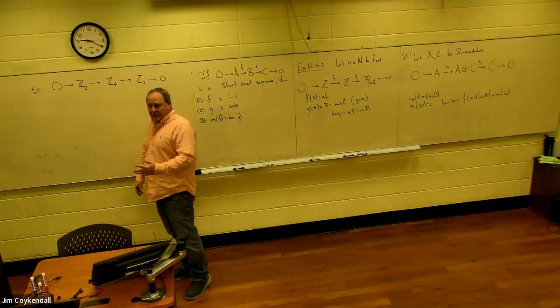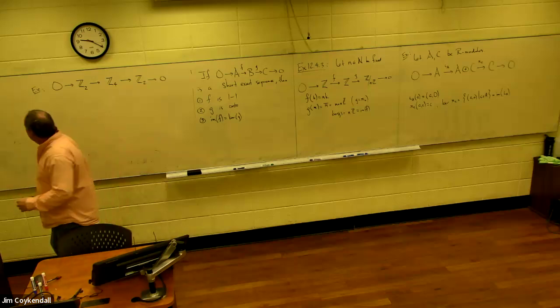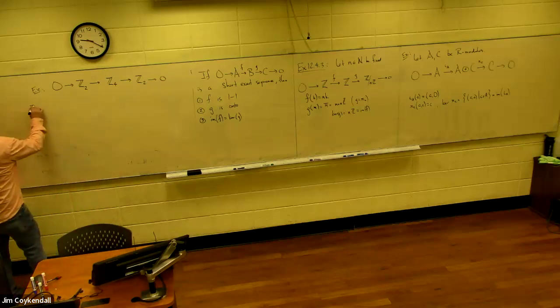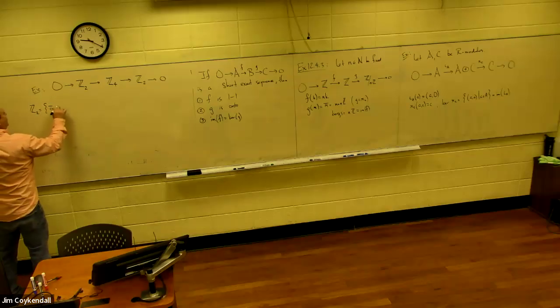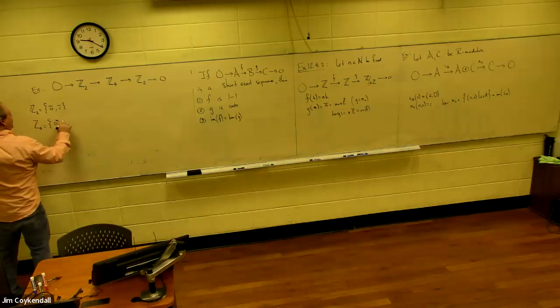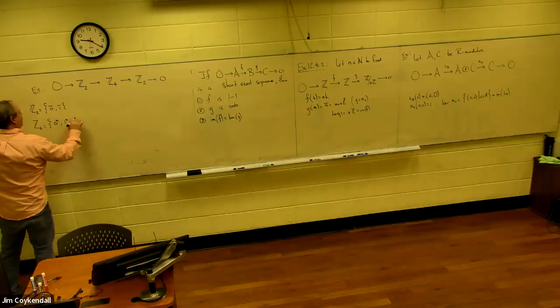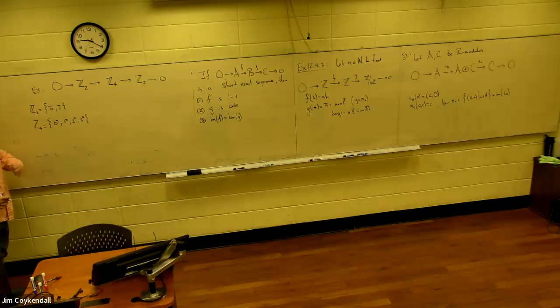Nonetheless, there is a short exact sequence here. It'll help me to write down the elements to do this. So I'm going to write Z2 this way, and to distinguish it, I'm going to write Z4 this way, where the bars mean mod 2 and the stars mean mod 4.